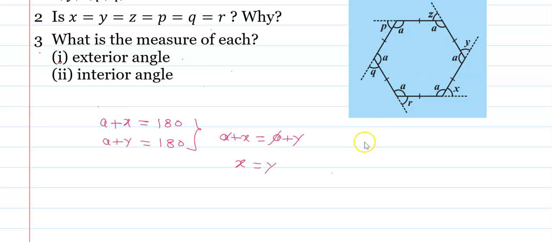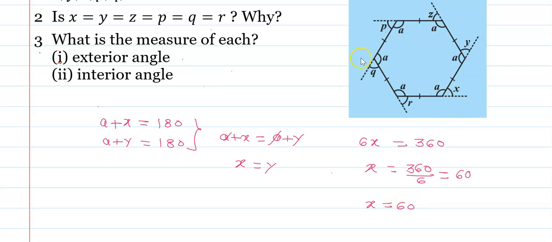There are 6 exterior angles. Therefore, x plus x plus x and so on, six times, equals 360, so x equals 360 upon 6, and here you get 60. x equals 60 degrees.